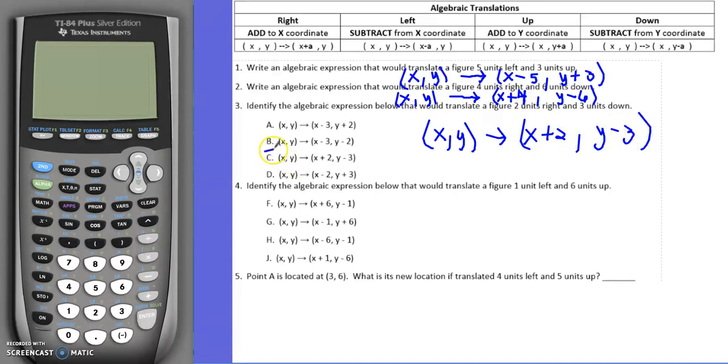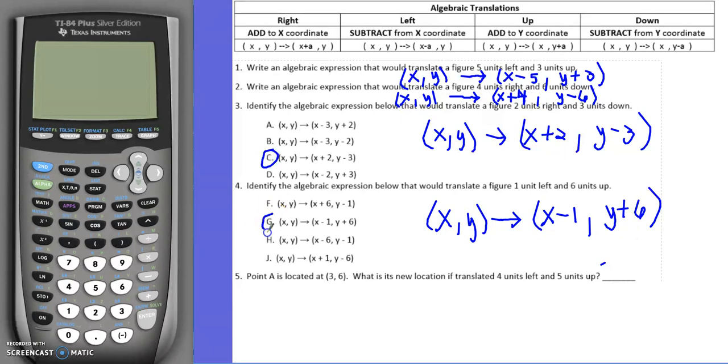So that would be C. Okay, we're going to translate the next one. So we want to go 1 unit left, so that's a minus 1, and 6 units up, so y plus 6. So x minus 1 and y plus 6 is G.